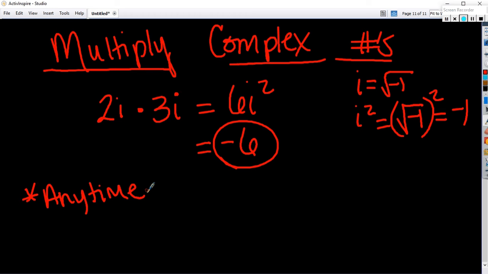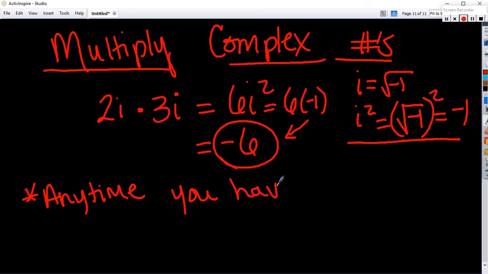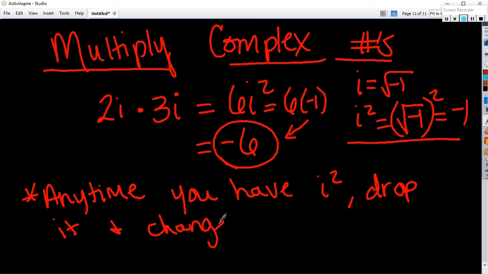You leave an i, but if you have an i squared, you drop it and change the sign of the number, because i squared is -1. So you literally replace i squared with -1, and it becomes 6 times -1, which is -6. Anytime you have i squared, drop it and change the sign of the number.